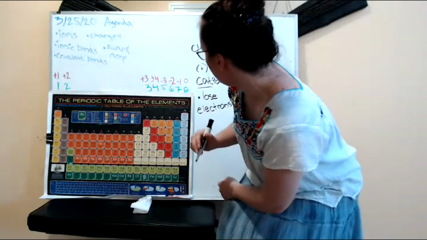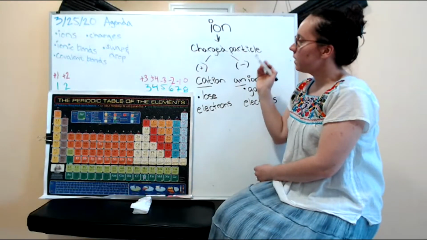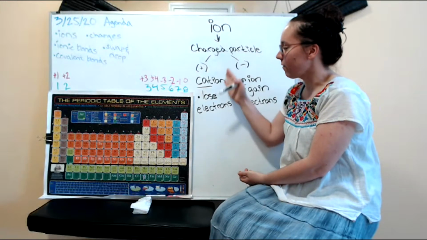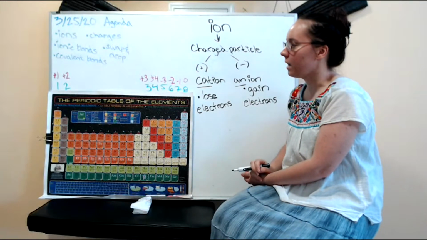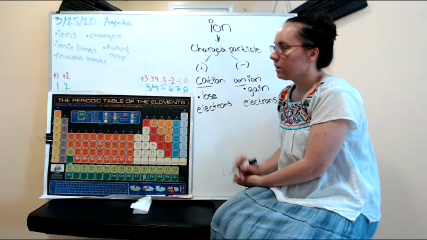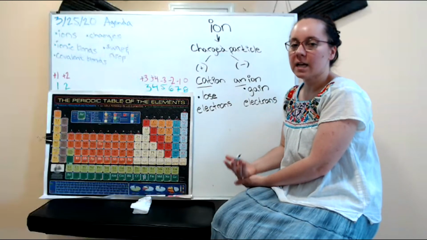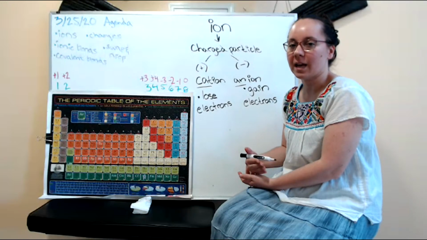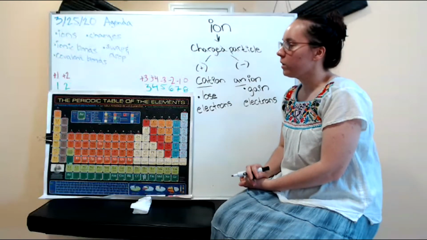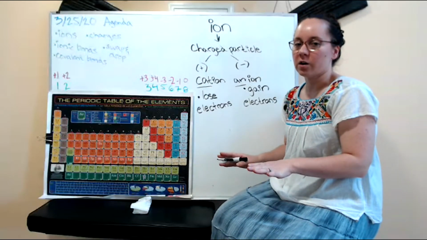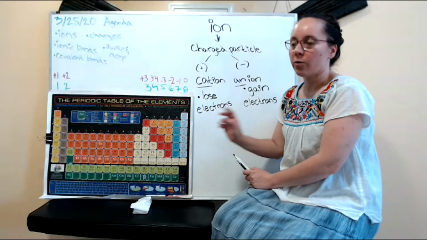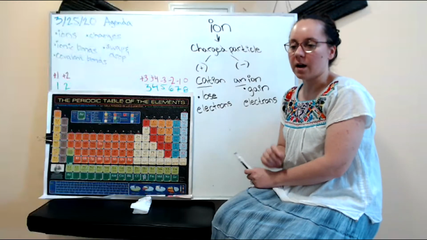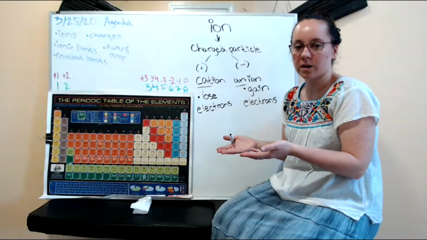Okay, so an ion in general, we got charged particles, two types of charged particles. We have our cations and we have our anions. Now, by looking at the periodic table, you can already tell which element will become a cation and which element will become an anion. So initially, before bonding occurs, all these elements are neutral. Remember in the previous unit, in the periodic table, we were talking about how proton number equals electron number.